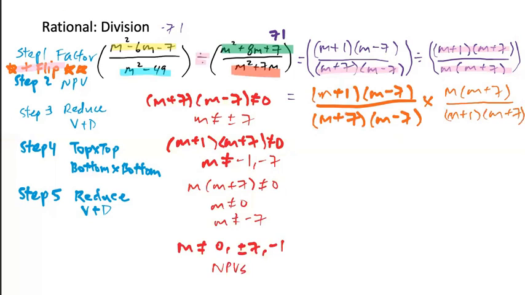So for step 3, we can say diagonal, cross, cross, cross, cross, vertical, cross, cross. Okay, so now we're left with 1 and a 1. So 1, 1, m and m plus 7. So our final answer would be 1 times m, m, and then over 1 times m plus 7, we have m plus 7. Okay, and we're done.